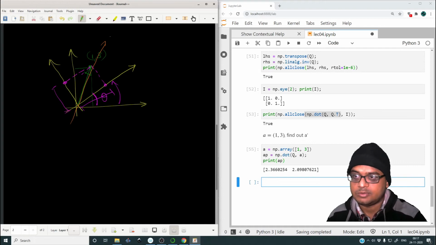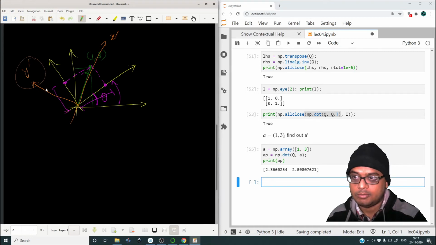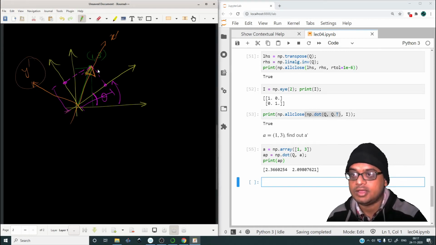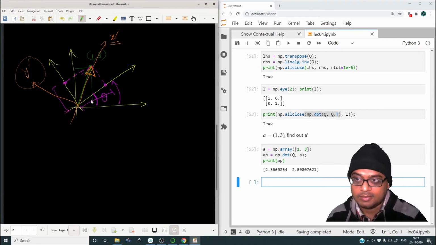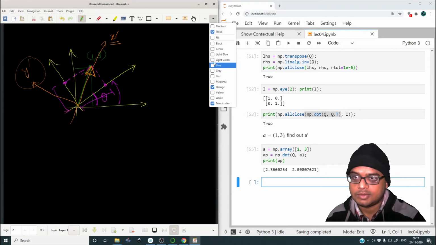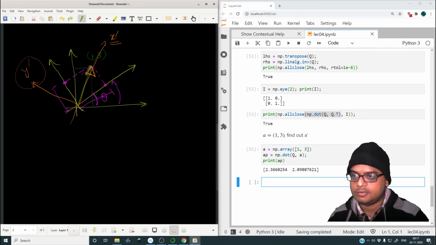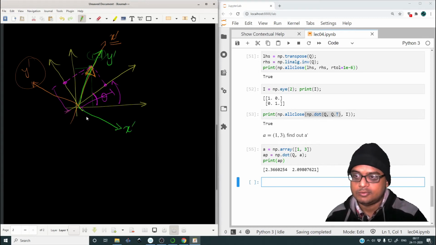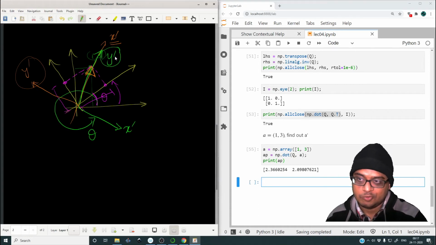So when the coordinate system is something like this, there will be no y component. The y component is 0 because the vector is aligned completely with the x prime coordinate. And when the coordinate system appears to be something like this, so this will be y prime and this will be x prime, when the coordinate system would have rotated by this particular angle, we would have only a y prime component which would be non-zero and x prime would be 0.